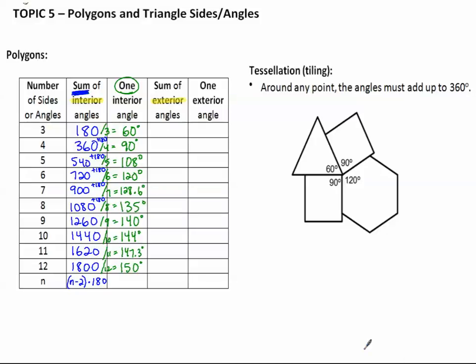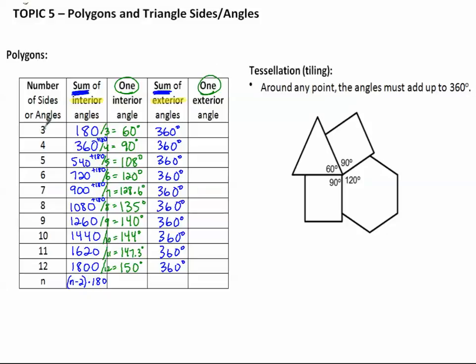Then we get to the exterior angles. Well, we don't really need a list for this because the sum of the exterior angles is always 360 degrees. No matter how many sides or angles it has, always 360 degrees. So every polygon, sum of the exterior, 360 degrees. Now, if we want to find just one of those exterior angles, that again requires dividing.